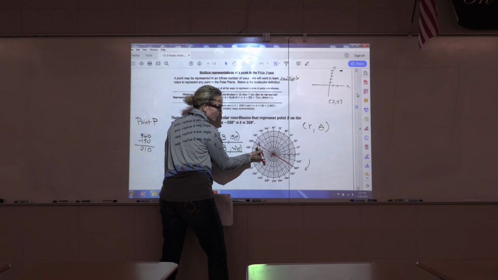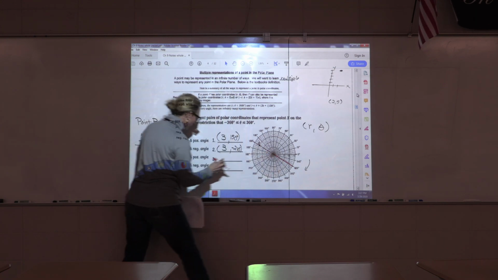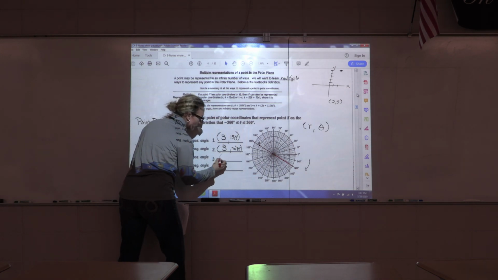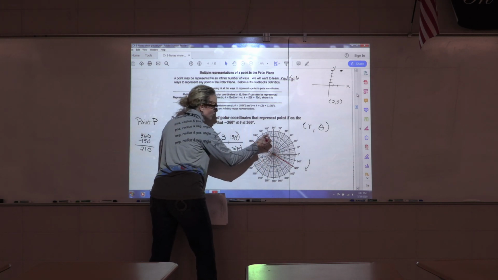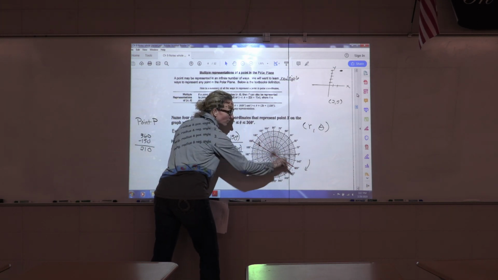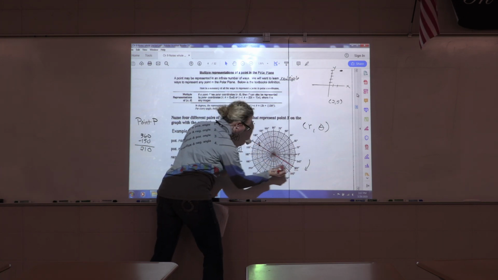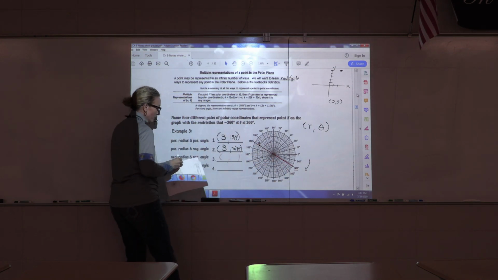Okay? So how can I land here with a positive angle? I'm landing on this terminal side, but that part of it over here is 330.